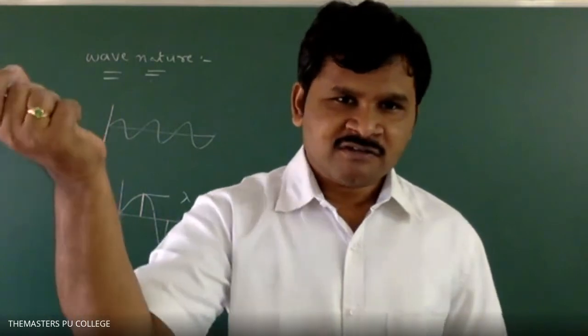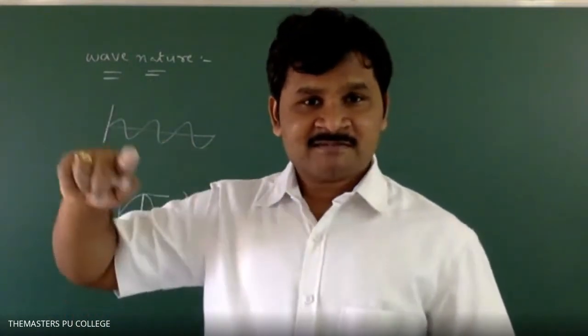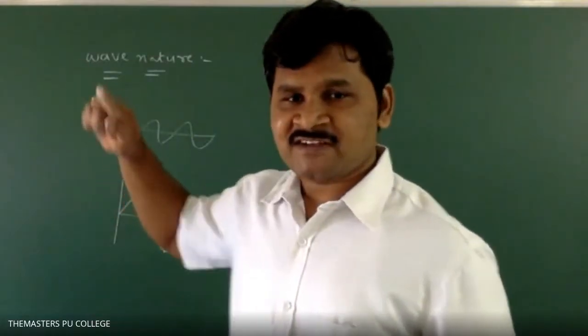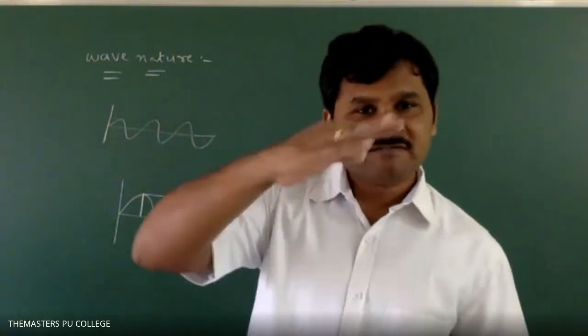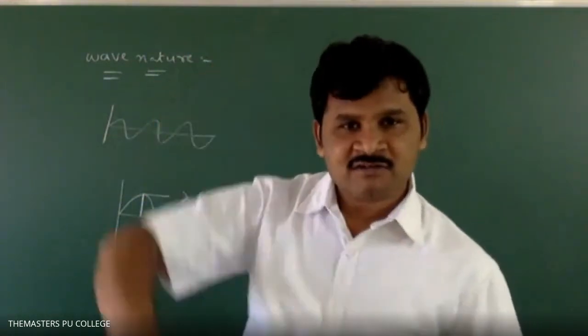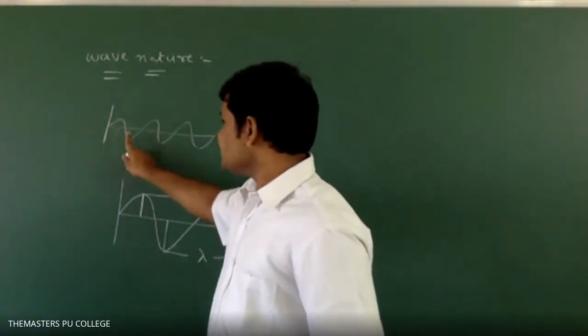If you throw a stone in that water, what happens? You will get waves, ripples. In those waves, the upper part is called crest and the down part is called trough.